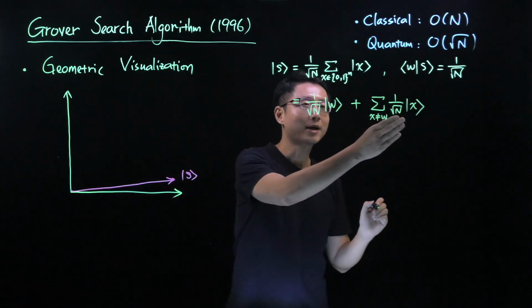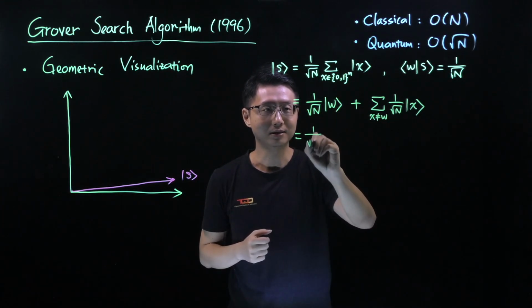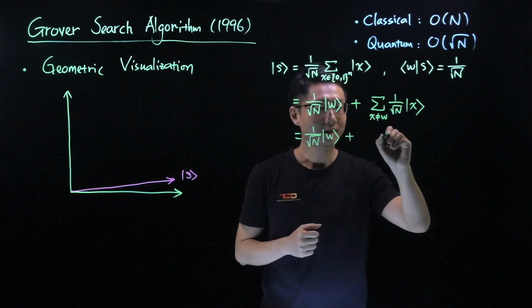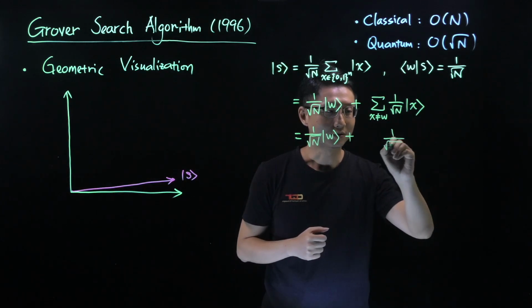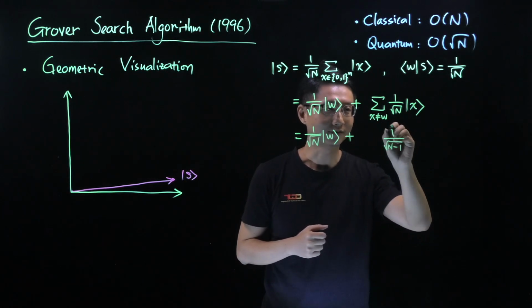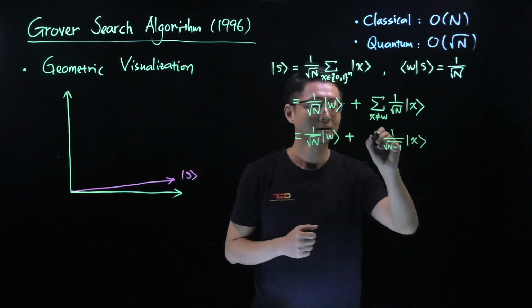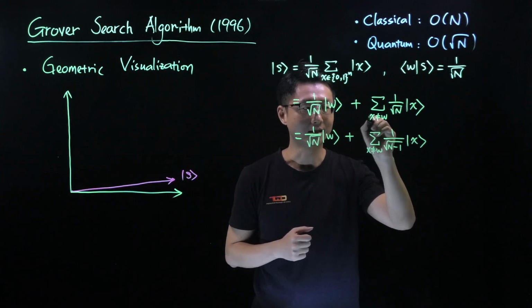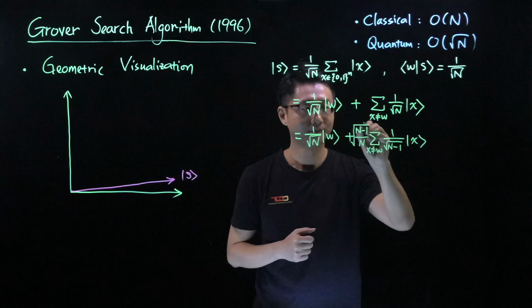I'm going to rewrite this part a little bit, so this is the part that we want. And I'm going to call this part, so there are n minus 1 of them, so to properly normalize it, I have 1 over square root of n minus 1, and this sum over the x not equal to W. Then there is the square root of n minus 1 over n in front.